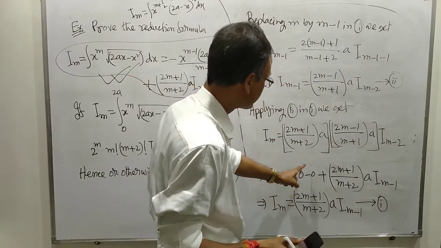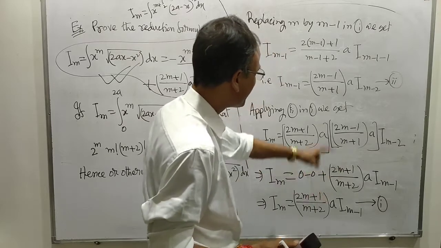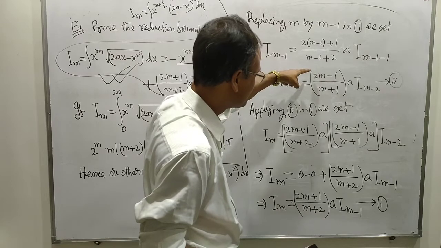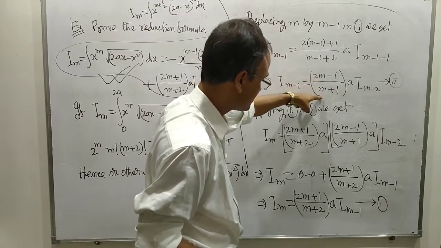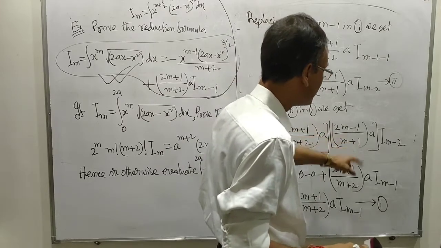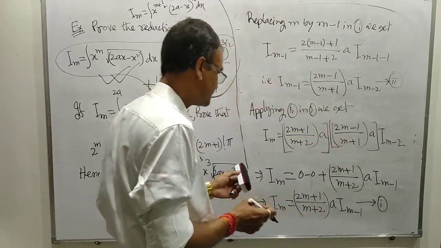I m is equal to this. For I m minus 1, twice m minus 1. What? Twice m minus 1? I have got this.